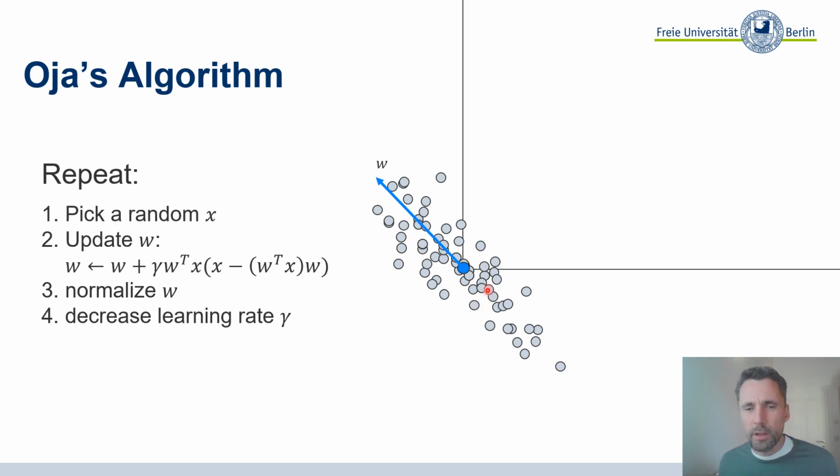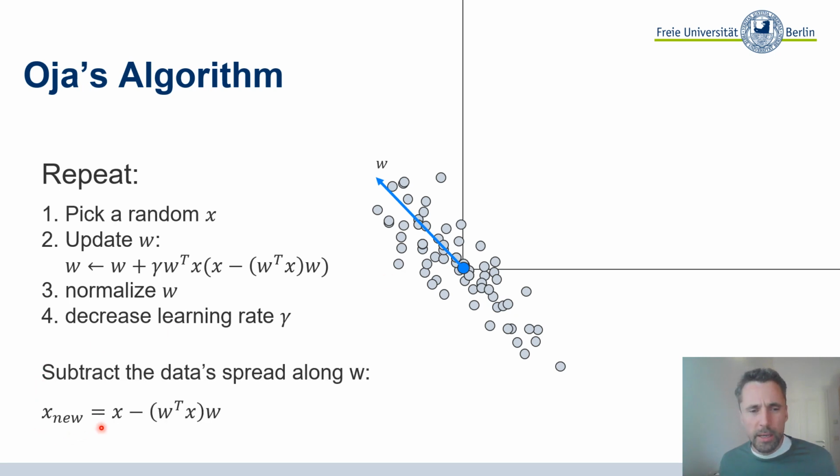Now, that's a good strategy for finding the first principal component, the direction in which the data has maximum variance. In 2D, it's easy because the remaining direction is this direction, because we know it needs to be perpendicular. In higher dimensions, that isn't the case, and what we need to do is subtract the data's spread in W's direction.